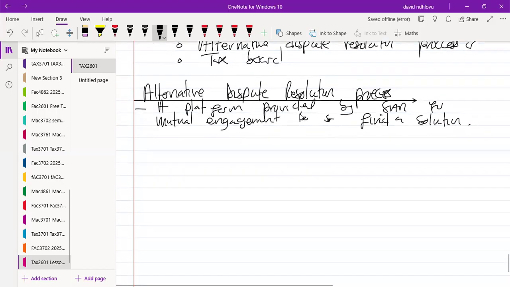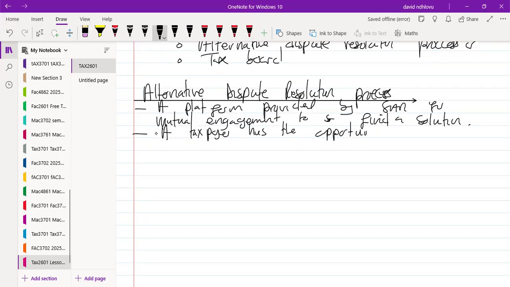Right. Remember, this is a voluntary exercise or a voluntary platform. A taxpayer has the opportunity to elect to use or reject this platform.